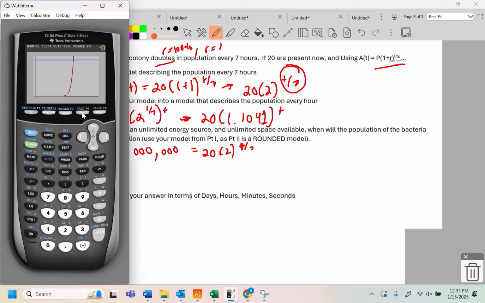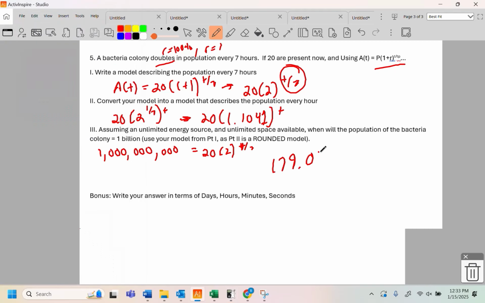All right, I've got an intersection, second trace, 5, enter, enter, enter. It takes 179.02797 hours. Now, some of you are probably curious how I convert this into days, hours, and minutes, and so forth.